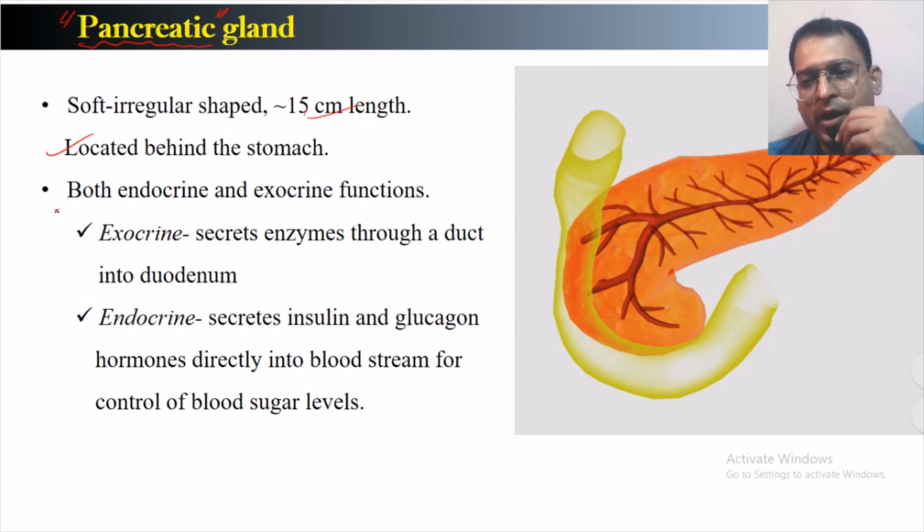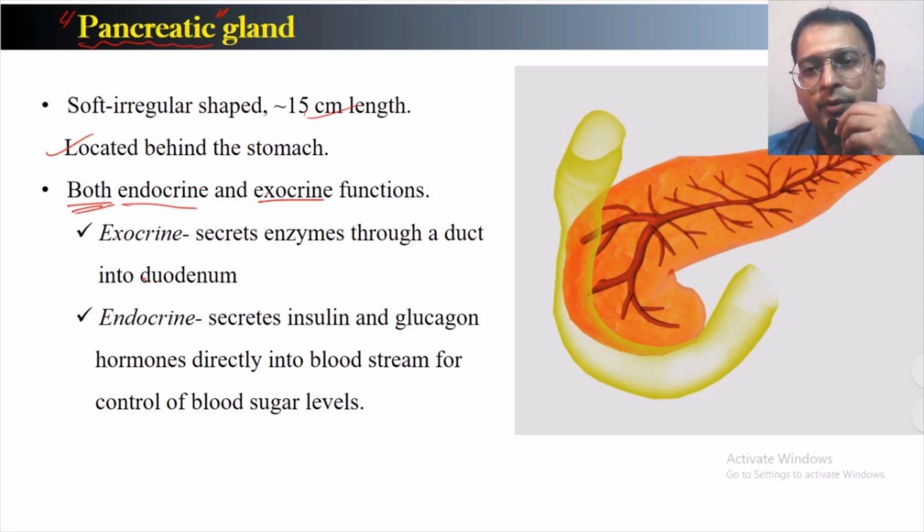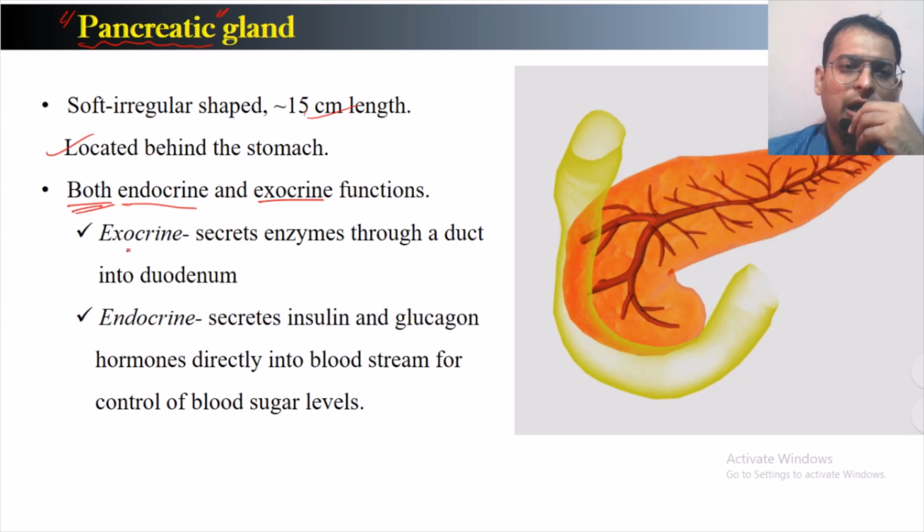The interesting part is it has both endocrine and exocrine function. You may recollect from the previous lecture that exocrine means the secretion is coming out through a duct or pipe, just like the salivary glands.